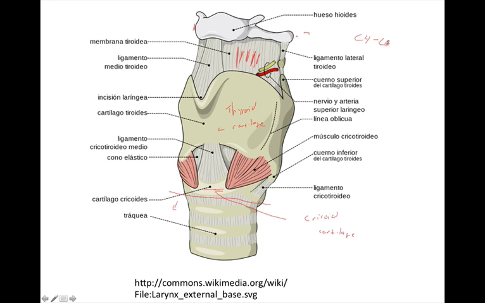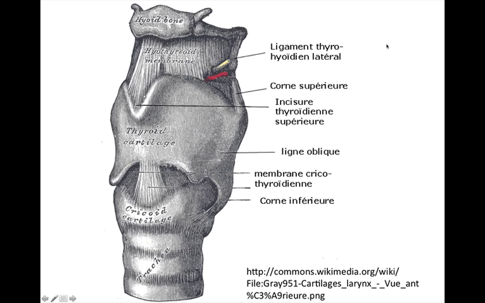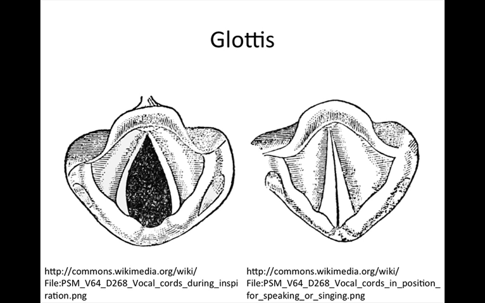However, one of the key functional aspects of this is, I put the same picture on here twice. Basically, one of the key functions of this is phonation, or turning air into sound, and that essentially is what we use vocal cords for.